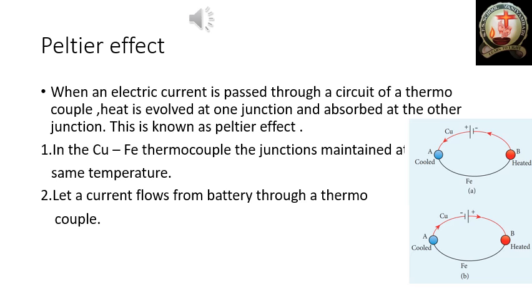At junction B, current is flowing from ferrous to copper. Then junction B is releasing some amount of heat. You can remember easily: junction A is absorbing heat, junction B is releasing some amount of heat. That's it.